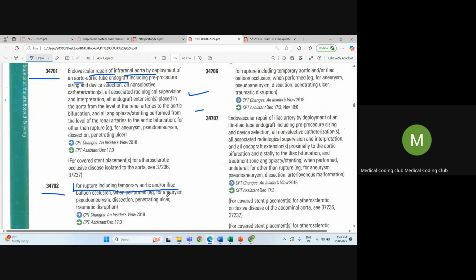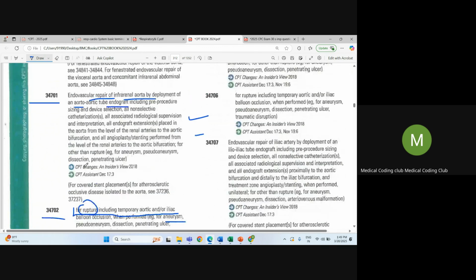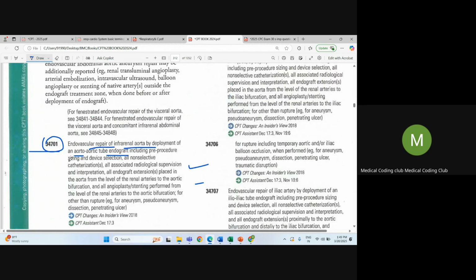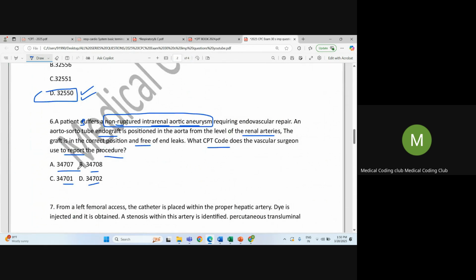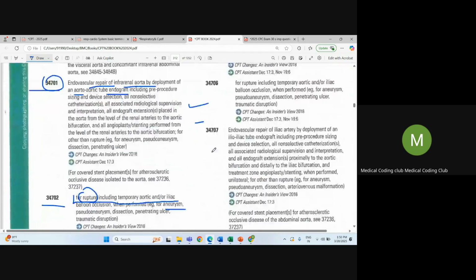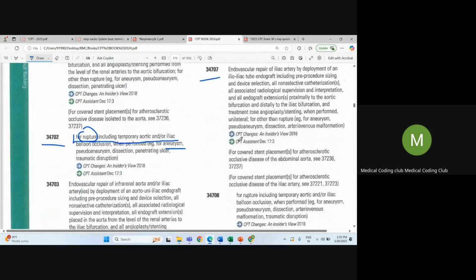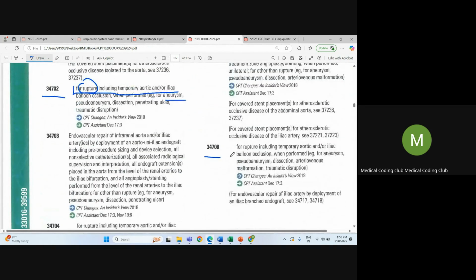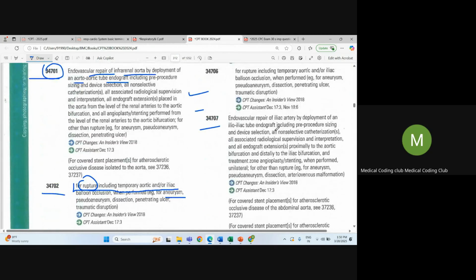So it is easy here. The question is about a non-ruptured aneurysm. If you see 34702, it is for rupture, and hence 34701 you can consider for non-ruptured aneurysm. Apart from these two options, you can also refer to other options like 34707 and 34708.